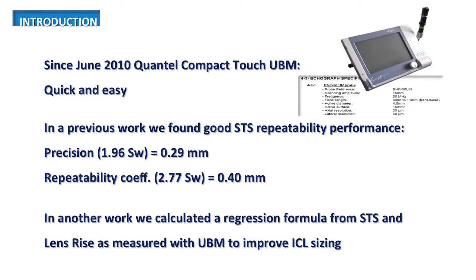We found in a previous work that the sulcus to sulcus repeatability was pretty good, with a repeatability coefficient, the maximum absolute error that will occur between 95% of paired observations, of 0.4 millimeters, and the precision, the range of two standard deviations up and down, was 0.29.